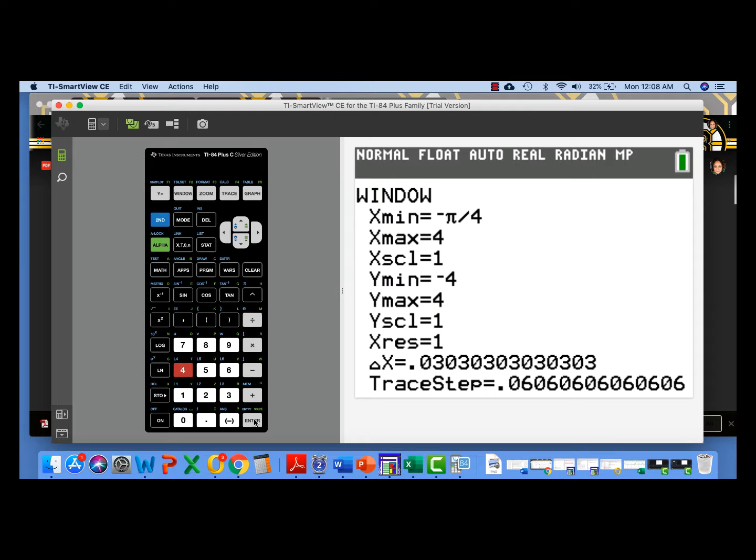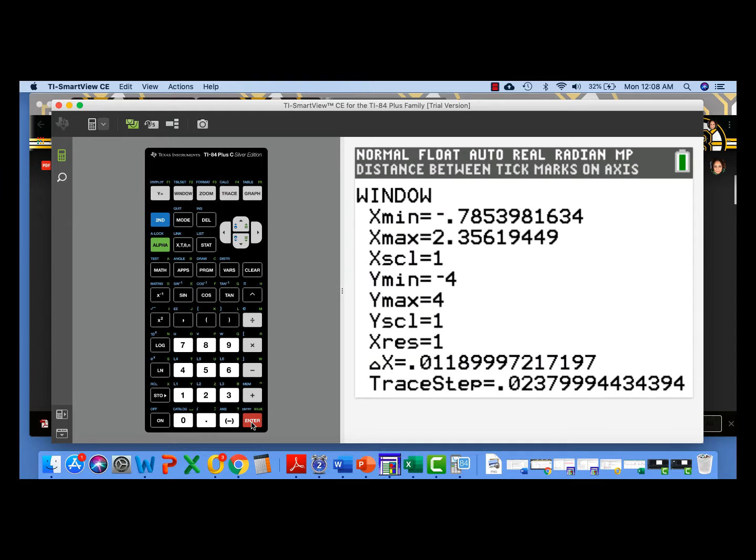Now it will automatically change it to a decimal for you when you hit enter. Our maximum value, so at the end of our cycle, the last point of our cycle we said was 3 pi over 4. So I'm going to put in 3 pi over 4 for our x max. So this is our horizontal distance. We're going to go from minus pi over 4 to 3 pi over 4 for our cycle.